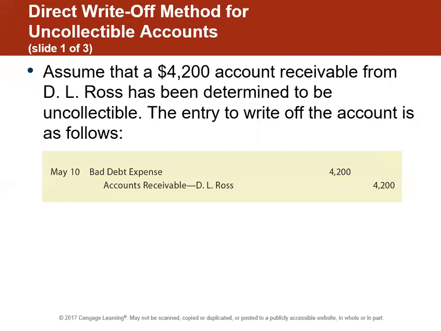So we have a more accurate depiction of our income, okay? So that's why this is so important, because when we overstate assets or we overstate income, we're basically misleading our investors and our creditors, and we might be able to get this great big loan that we can't pay off because we're like, oh, we made $5 million, but did we really?